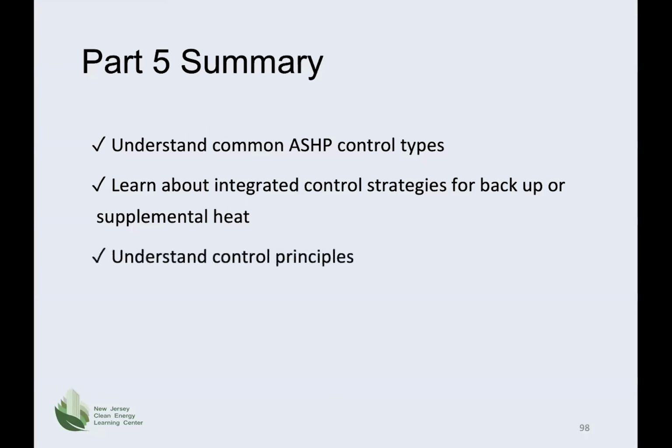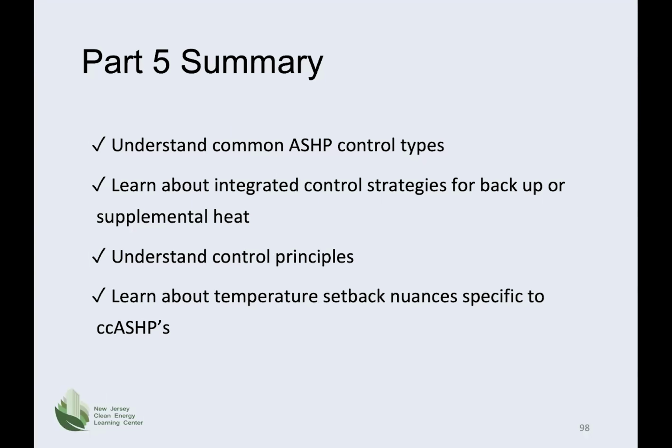We saw that the control principles for heat pumps are different than for traditional heating, including that third-party thermostats might affect the efficiency of the heat pump, and that heat pumps should be run in the efficiency operating mode. And we learned about temperature setbacks specific to cold climate air source heat pumps, that daily setbacks shouldn't be more than 3 degrees Fahrenheit, but vacation setbacks can be deeper. And this is because system recovery can take longer with heat pumps than with traditional systems.